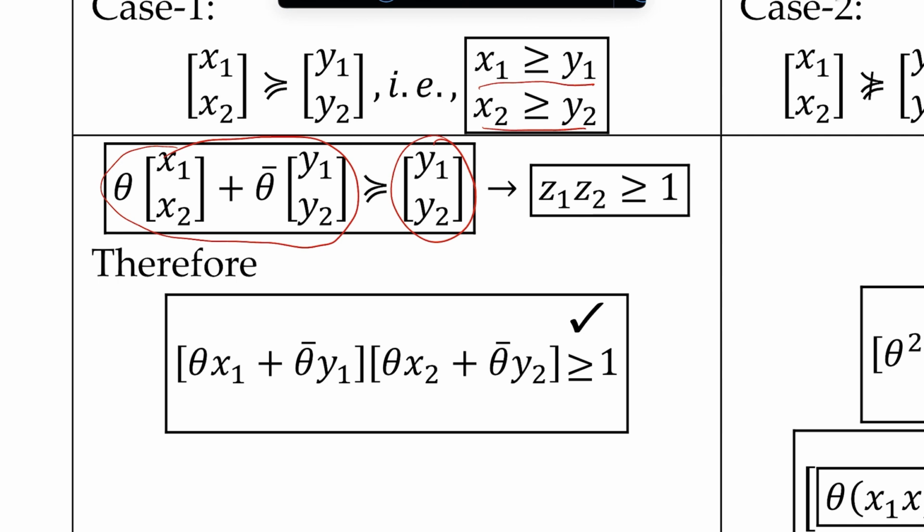I think that's obvious, right? Why? Because I am taking the weighted average of x1 and y1, right? And x1 is greater than y1.